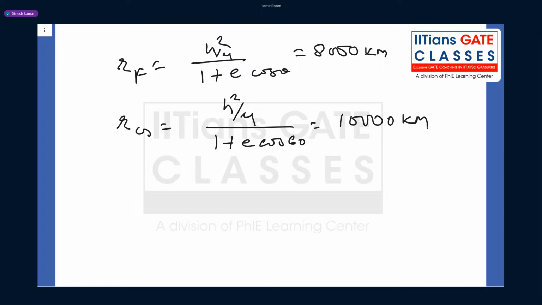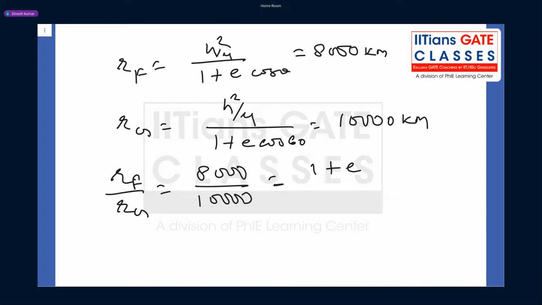Now guys, just take the ratio of RF by RG. It will be 8,000 divided by 10,000, and this is equal to 1 plus e cos 60 over 1 plus e cos 0. Cos 60 is 1 by 2, and cos 0 is 1.